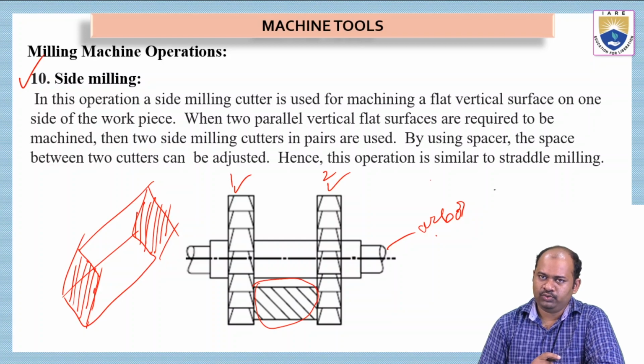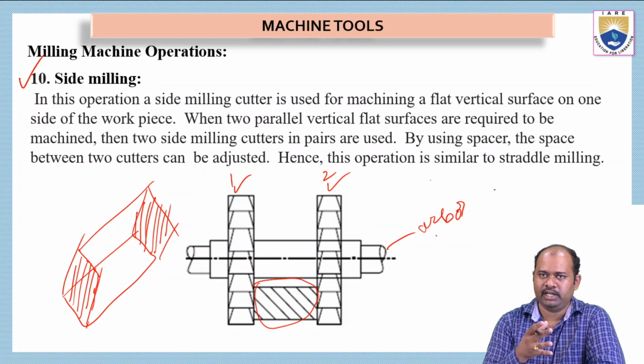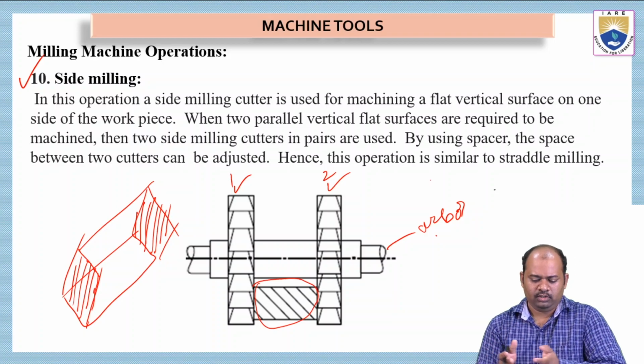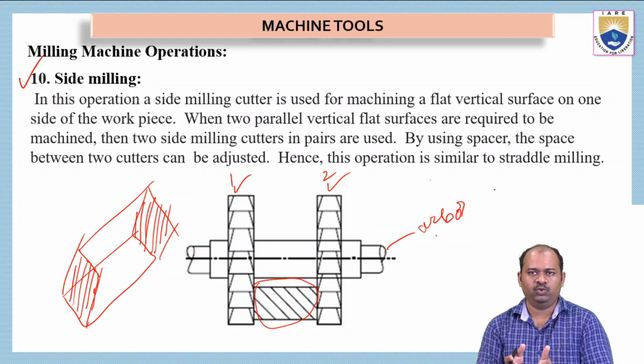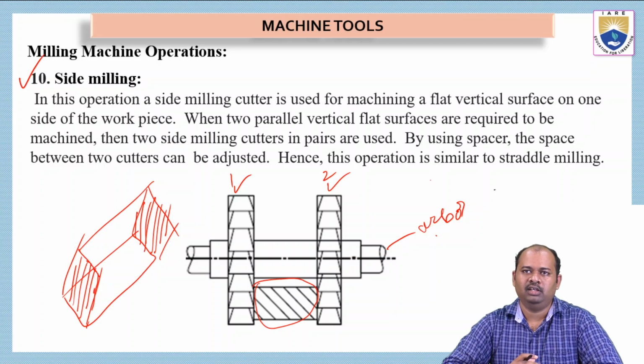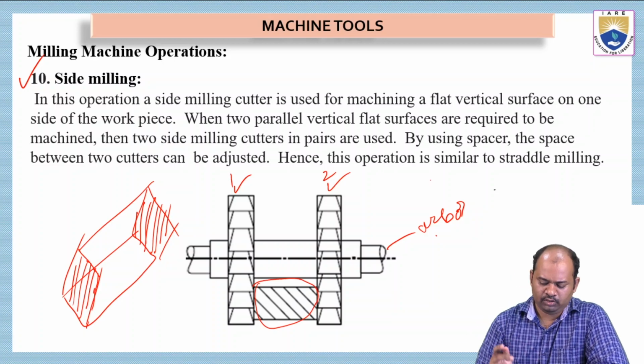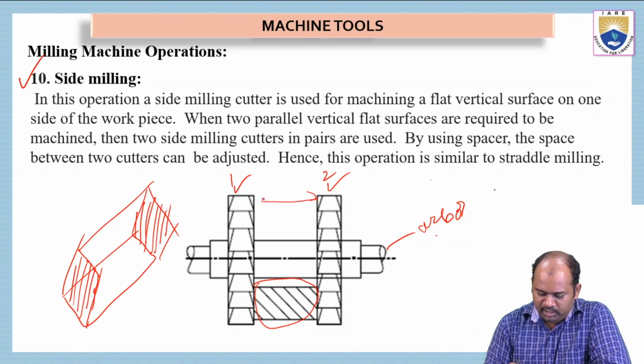If we use a single cutter, we can get a single side finished. If we use two cutters, we can machine two surfaces at the same time so that we can reduce the production time. By using a spacer, the space between the two cutters can be adjusted.